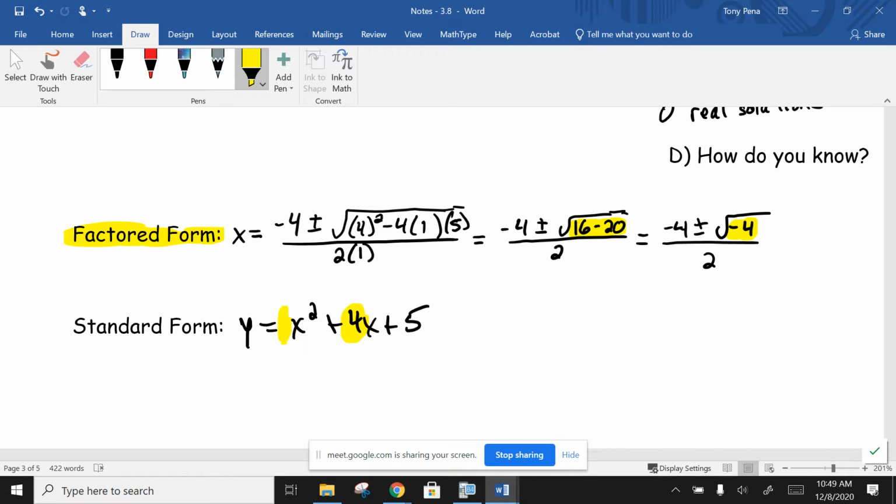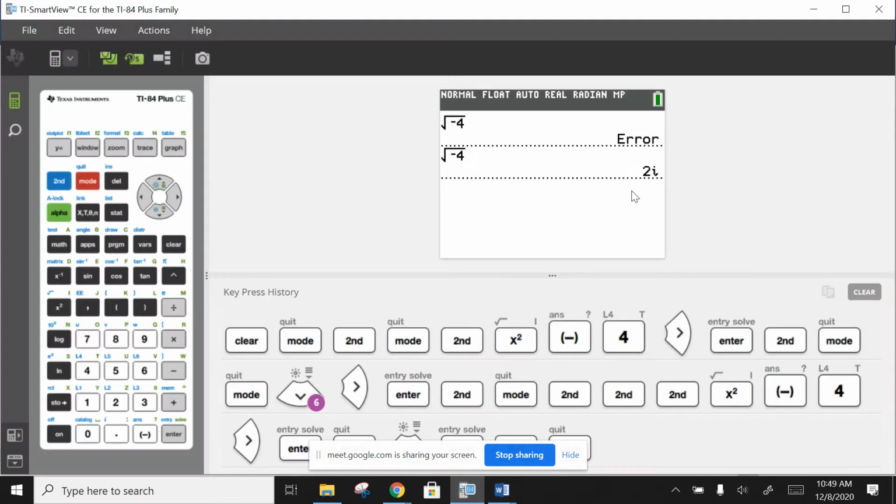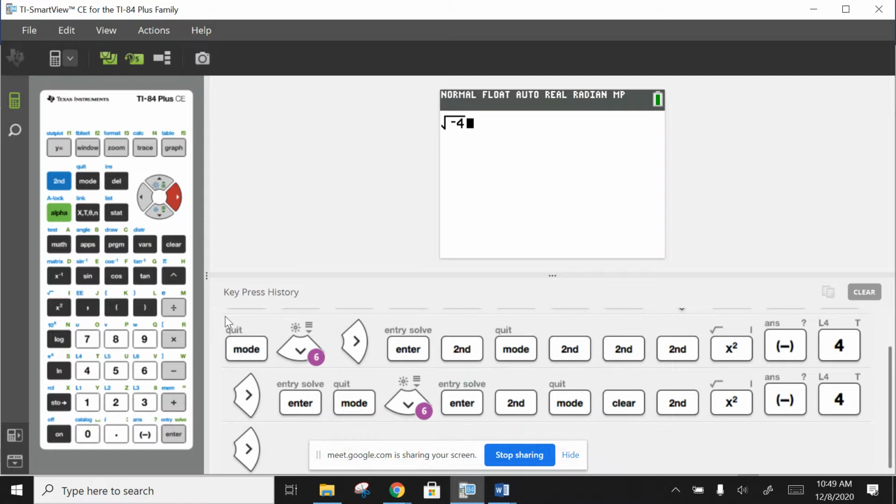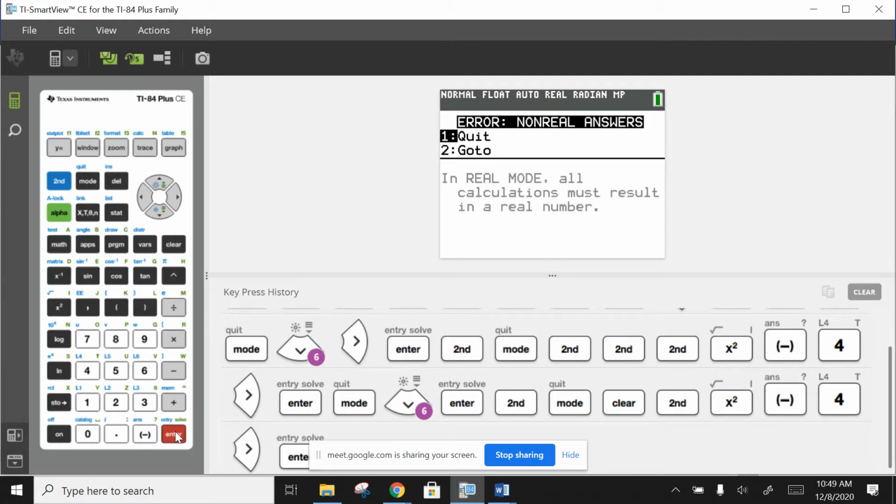So the question is, what does that mean? How does that evaluate? Can we do the square root of a negative 4? If I go to our calculator, let me clear this out first. Let's see what our calculator will tell us about the square root of a negative number. If I plug this into my calculator and hit enter, notice what it says, that we have an error.